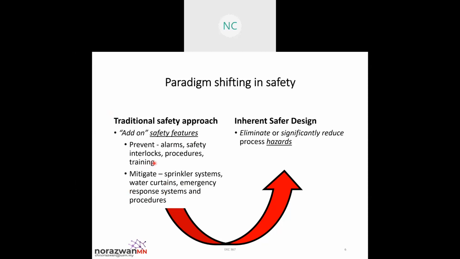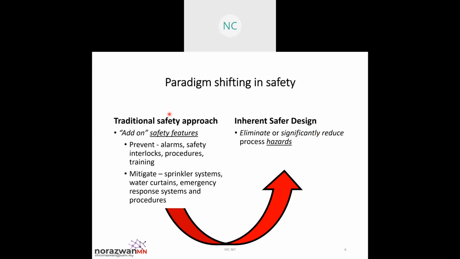Whereas when you apply ISD, you try to eliminate the hazard first. You try to find the solution for how you can eliminate or even reduce the hazard first before you apply your active and procedural methods.